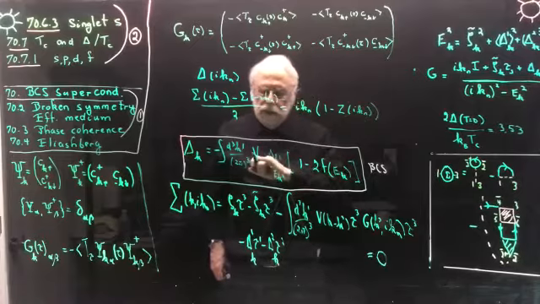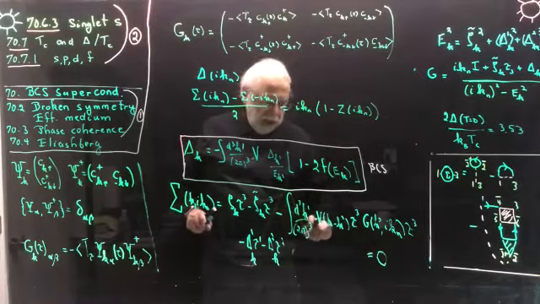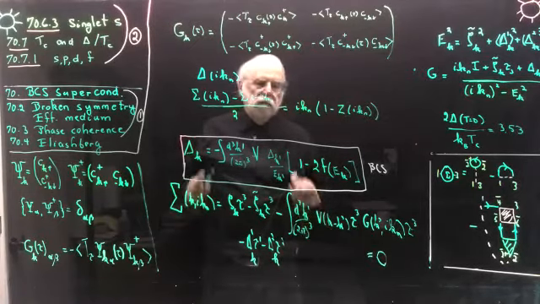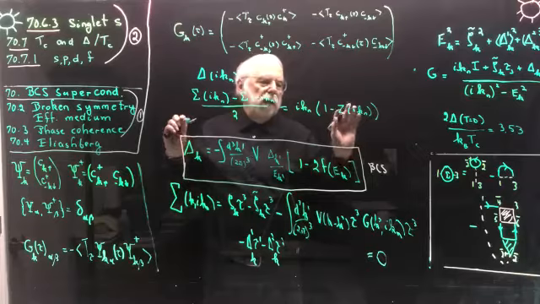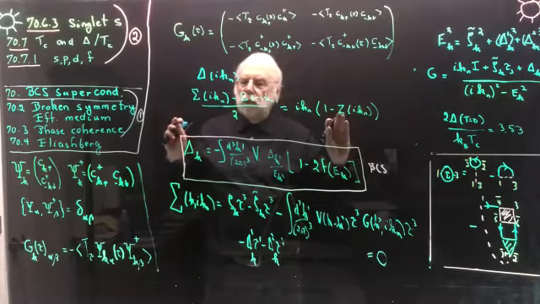In general, because of this k dependence here, it can depend on k, but in the strict Eliashberg, it depends only on ik_n.